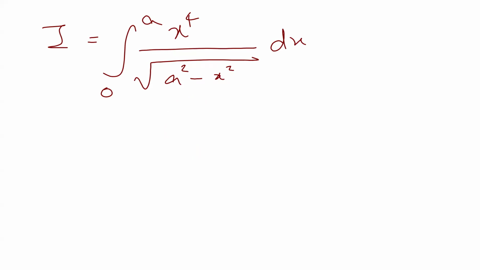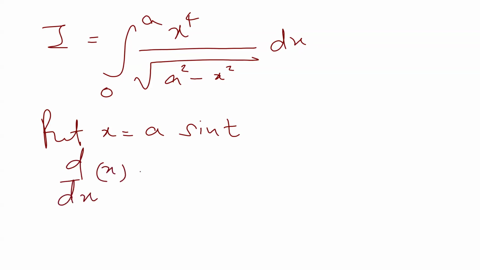Okay, so we'll put x is equal to a sine t. You can also put x is equal to a cos t. You cannot put x is equal to a tan t because there is a minus sign in between. Such type of problems you have done in one of the exercises of differentiation. d by dx of x is equal to d by dx of a sine t.